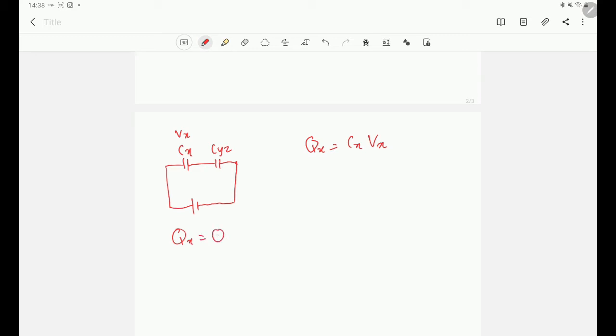So Qx is equals to QYZ and also equals to QT.